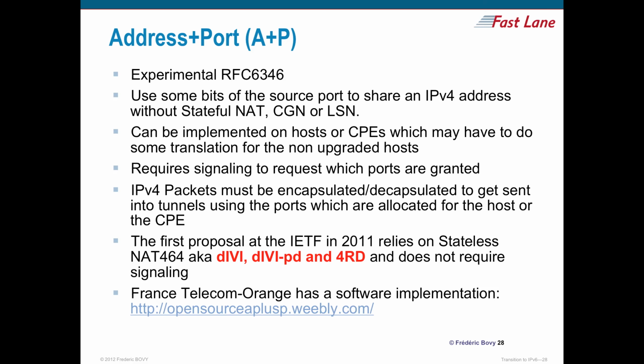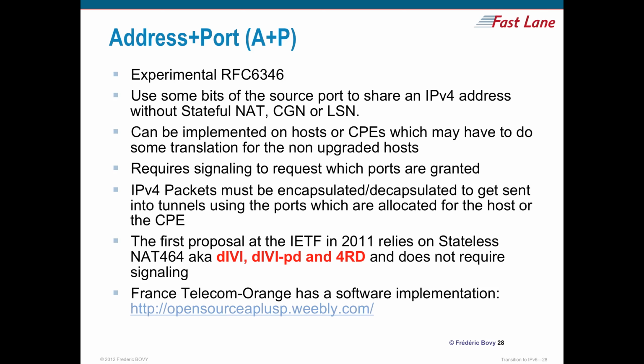The last function is signaling. Signaling is to avoid the manual provisioning of the ports available for each site. So basically, we said that each site has only a range of ports allocated, and this range of ports can be manually provisioned, manually configured, or if we have a signaling protocol, it can be automatic.